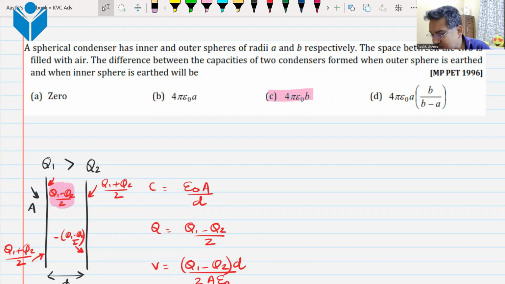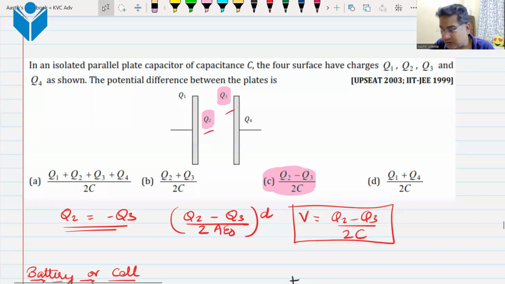How do you find the charge on the capacitor, and how do we find out the capacitance of a capacitor. We had seen the formula of the parallel plate capacitor, the formula of spherical capacitor, cylindrical capacitor, and we had solved a couple of problems.